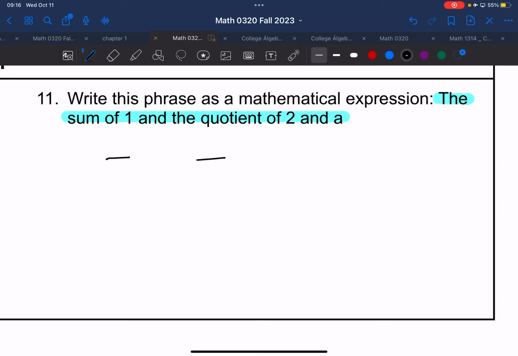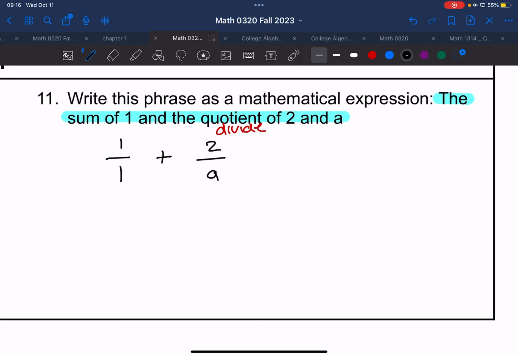Correct, because sum gives us the plus, but since we want everything as a fraction, I wouldn't just write 1, I would write 1 over 1, because that's the same thing. So 1 over 1 plus the quotient, which we know is divide, 2 and a. So 2 on top, a on bottom. The reason I put 1 over 1 is because I'm still trying to get a common denominator, so I had to have everything in terms of a fraction.